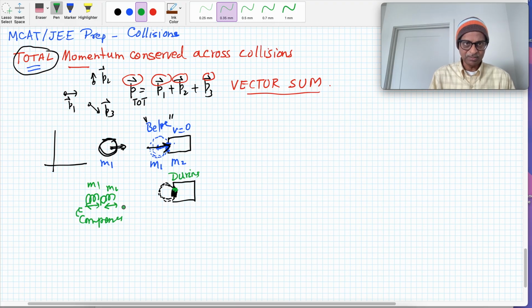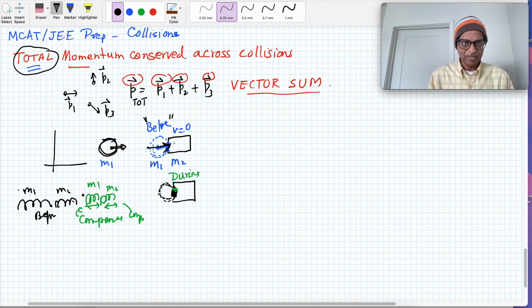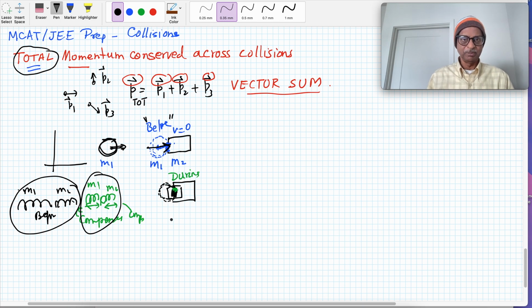This one's compressed and this one's compressed. It used to be like this before, M1 and M2 before, and from this situation it went to this situation. Okay, so this is during.